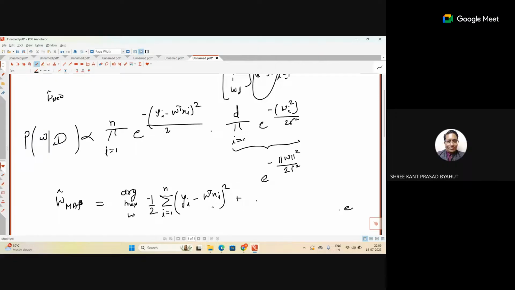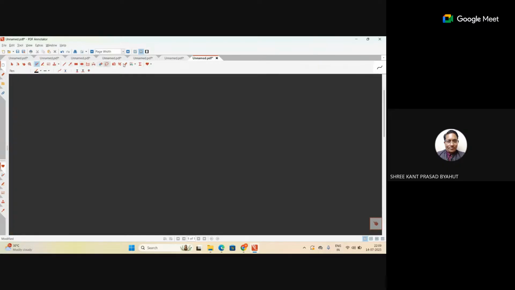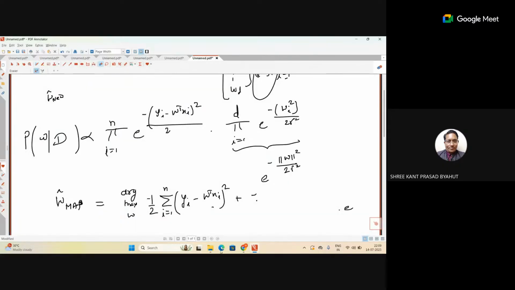And this will become minus half, wi square divided by gamma square, that is also there, 2 gamma square.